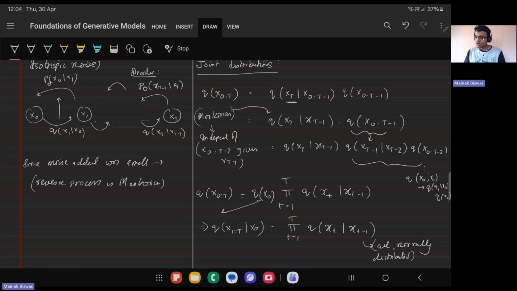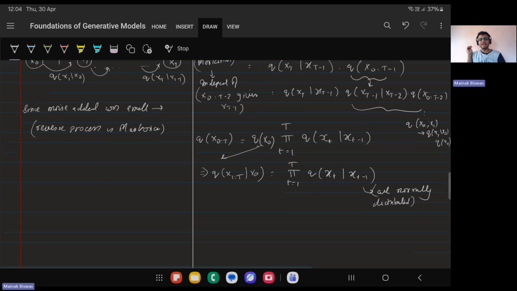As long as they're normally distributed, we're all good, because the sum of normals is also normal, and the product of normals is also normal. So we're good to go, as long as we have them normally distributed. So let us find out what the next one is.